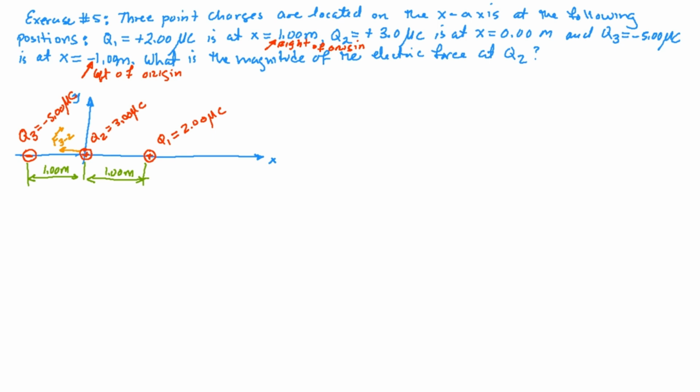Now between Q sub 1 and Q sub 2, the force is a force of repulsion, right? So this one is the force that Q sub 1 exerts on Q sub 2. They are repelling each other.